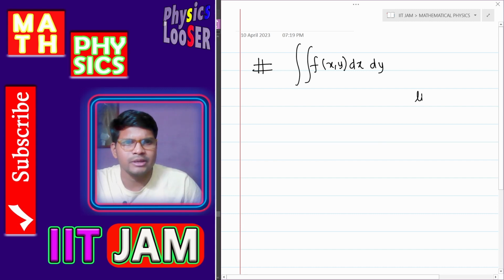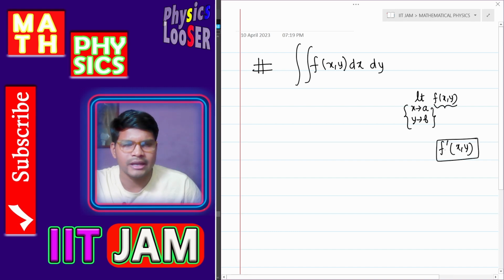The function depends on both variables, and if this function is continuous at these limits, then and only then can we evaluate this type of integral.